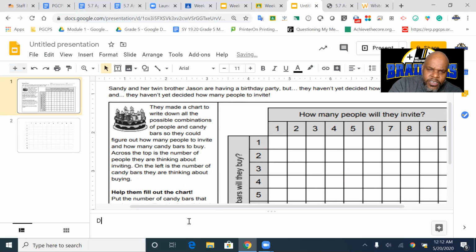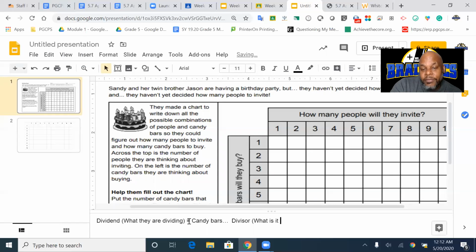So what they are dividing equals the candy bars. That is the dividend. The divisor, what is dividing it, what is it divided by?